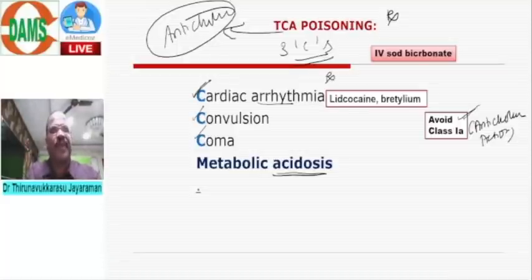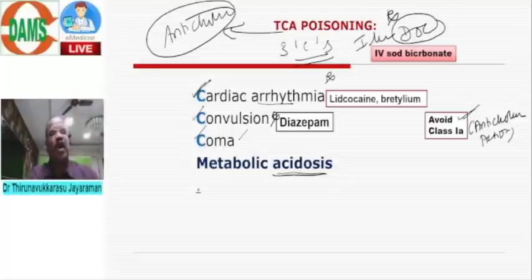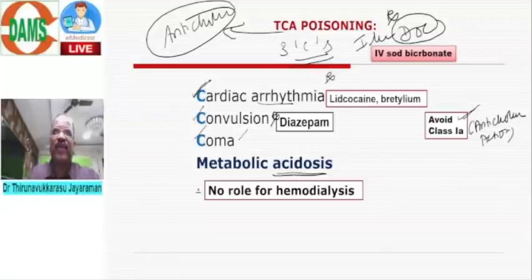That's very important. For treating convulsion, we can try diazepam. For coma, only supportive therapy: airway, breathing, circulation maintenance. For acidosis, the first-line drug is bicarbonate. Also, in TCA poisoning there is no role for dialysis because TCAs have a large volume of distribution.